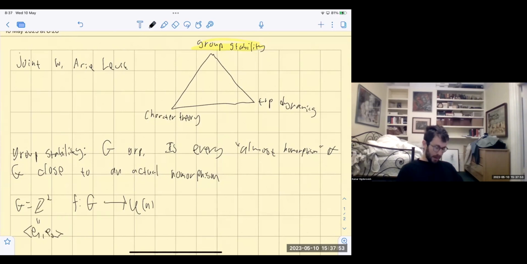F is a delta almost homomorphism, or let's keep it without quantifying it, just an almost homomorphism.